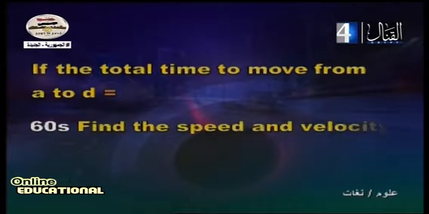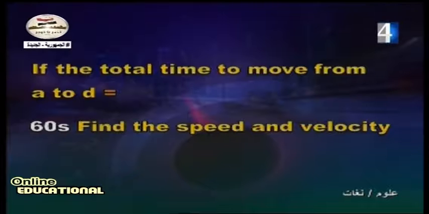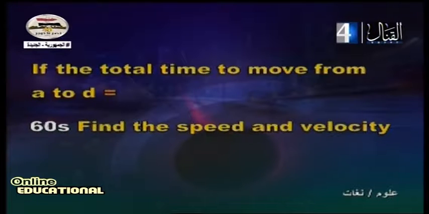Here we can't forget the time. In the same example, the total time to move from A to D equals 60 seconds. Find the speed and velocity. To get the speed, we apply the speed law: speed equals total distance over total time. For velocity, we say total displacement over total time.